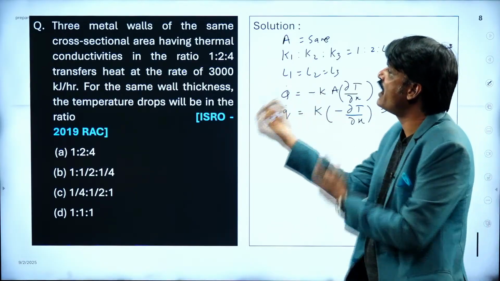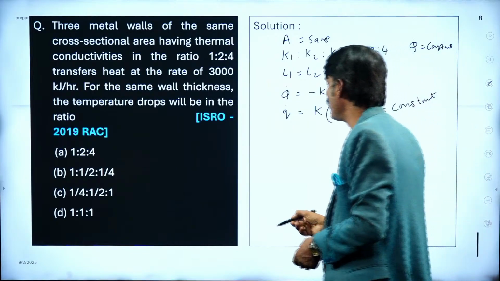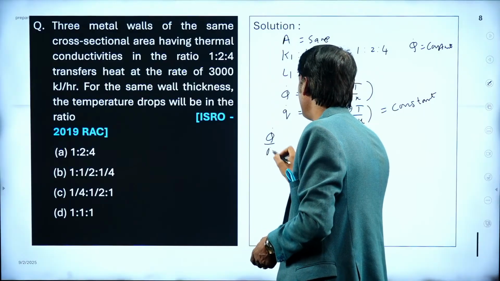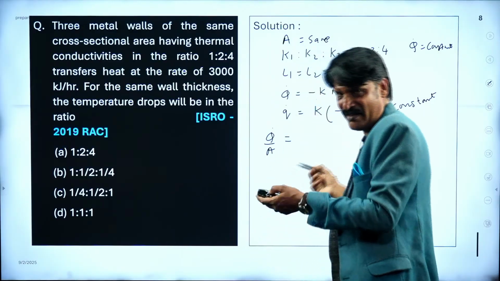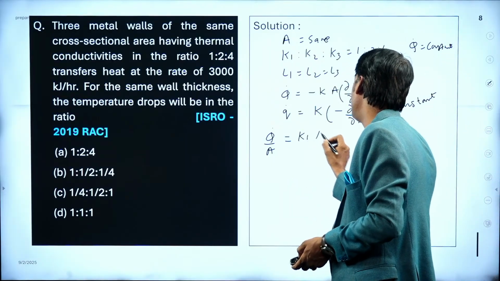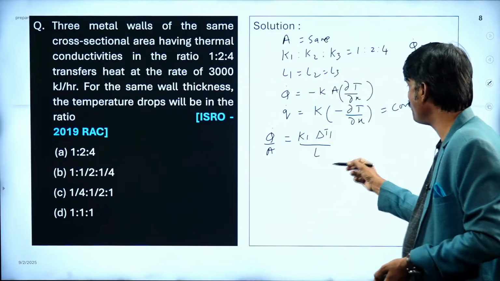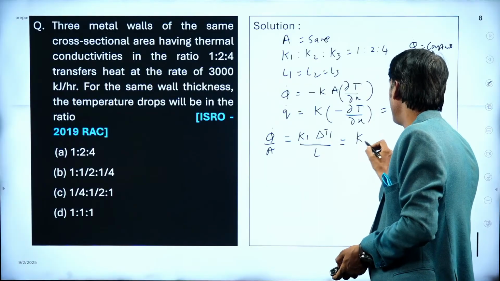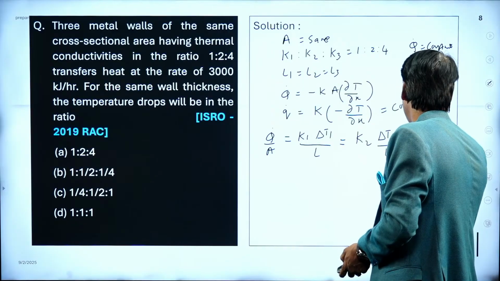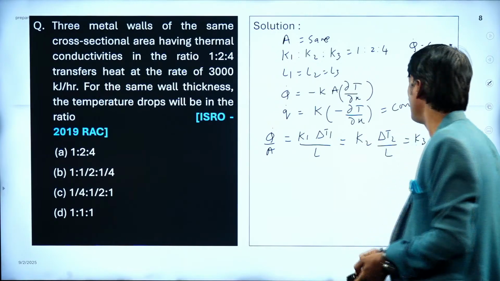Now let us transfer it to a wall, because he said it is a wall. I can write Q dot divided by A is constant for all, and this value is K1 into delta T1 divided by L, and this L is constant all throughout, is equal to K2 into delta T2 divided by L is equal to K3 into delta T3 divided by L. I will call this some lambda.